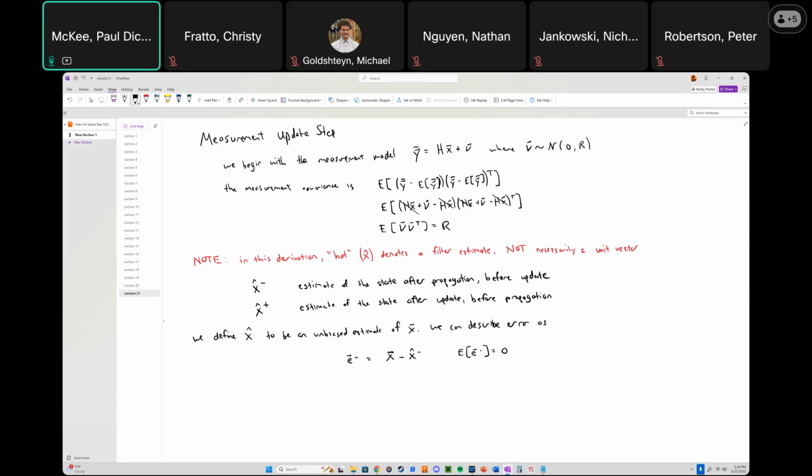On average, we think that while we might have some error, there's no bias. So on average, we're assuming that our estimate is correct. And then e plus is x minus x hat plus. So this is the error after the update.